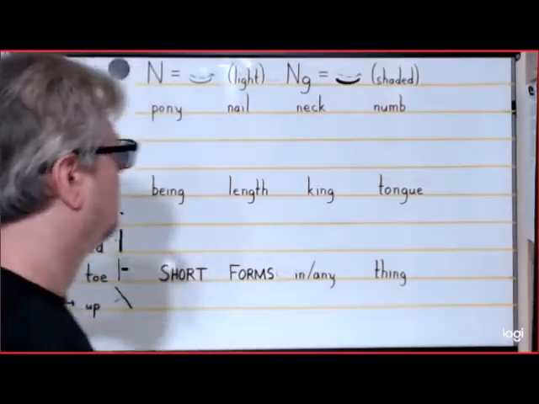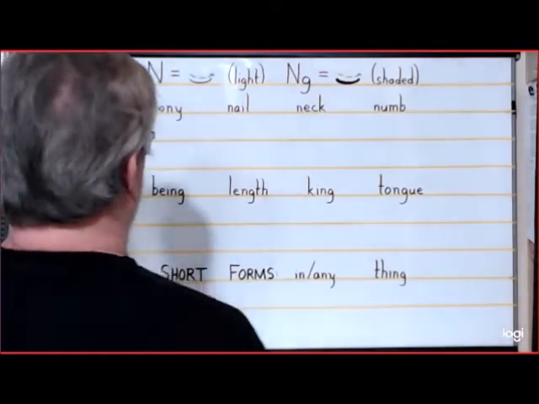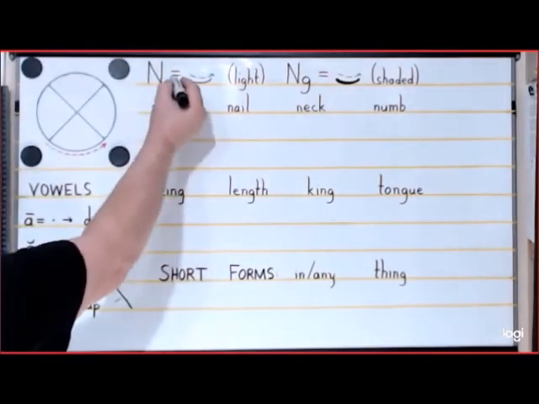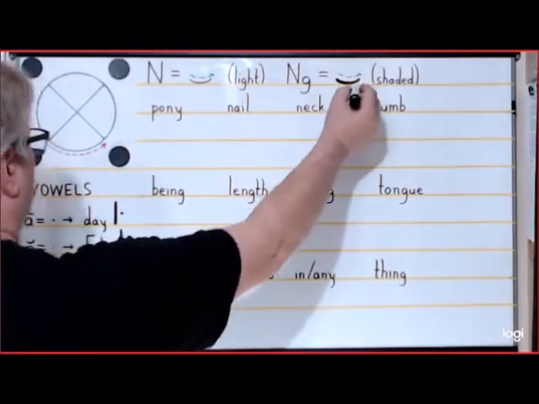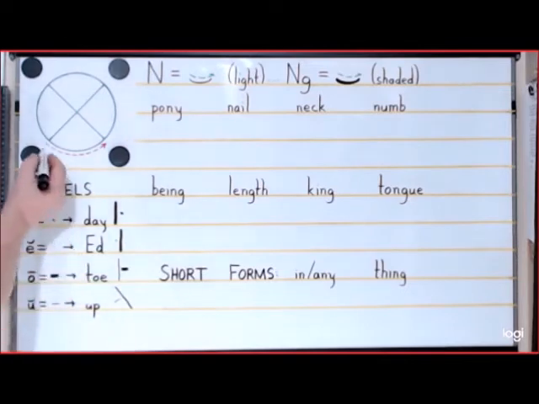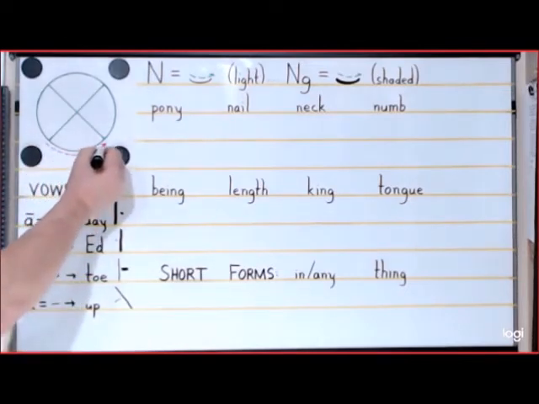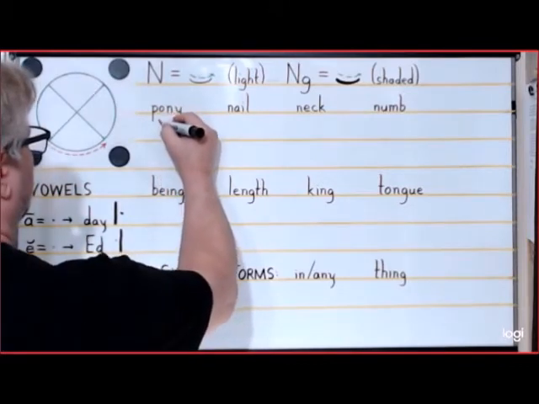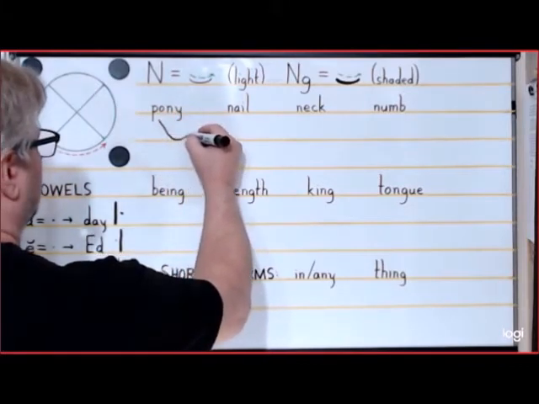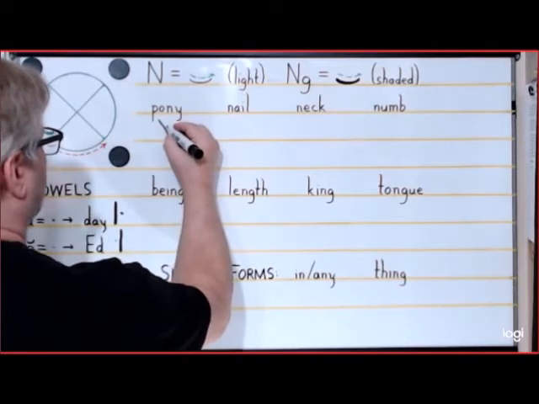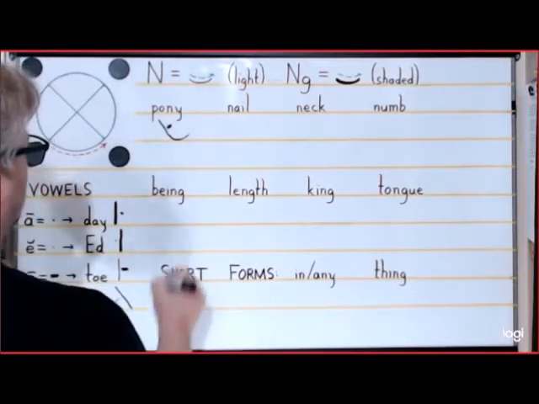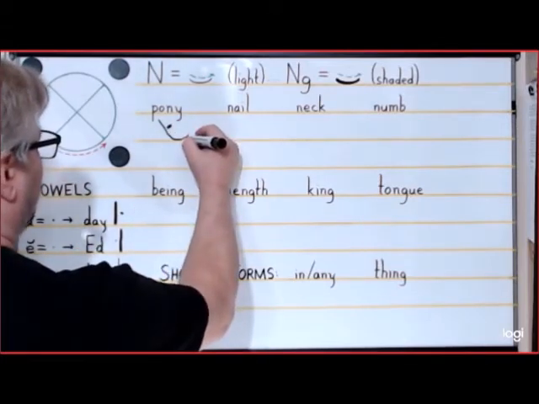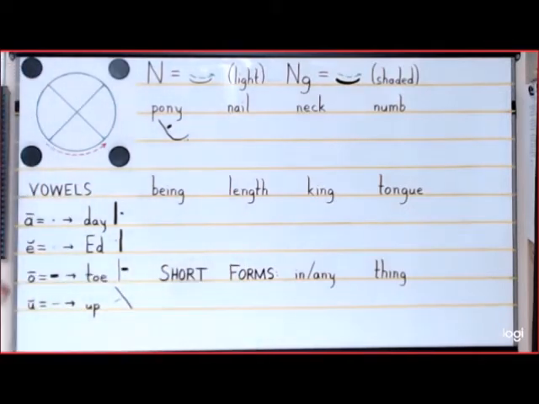The N and the NG strokes are represented by an arc, as illustrated here on the bottom of the circle. For the word pony, it is P, and an N, and a heavy dash, and a light dot after the N in the third position.